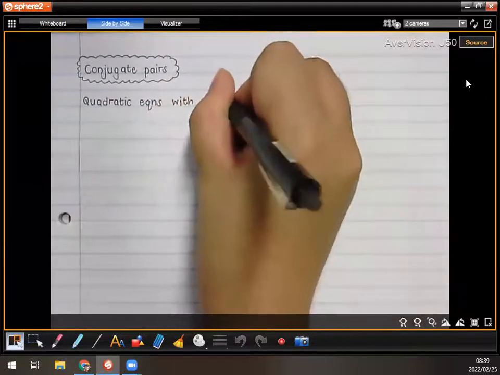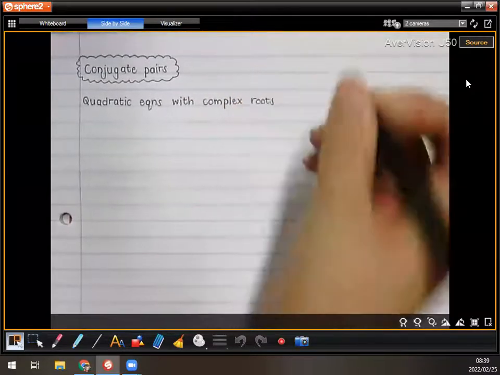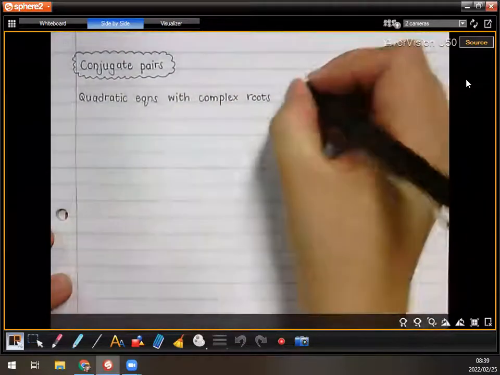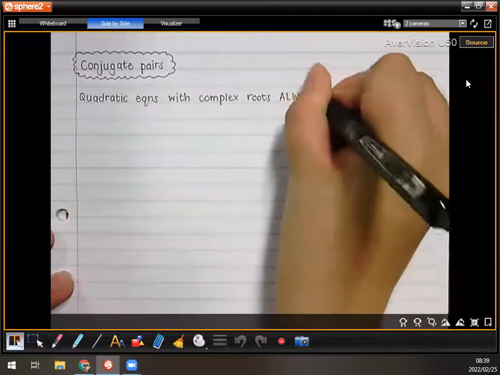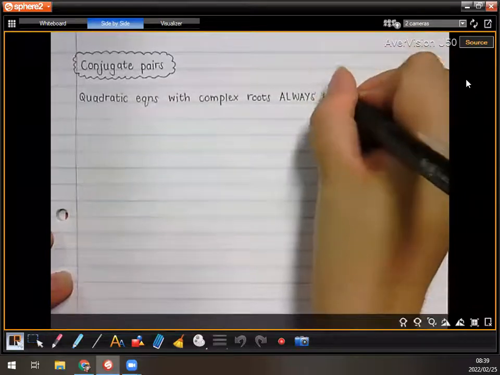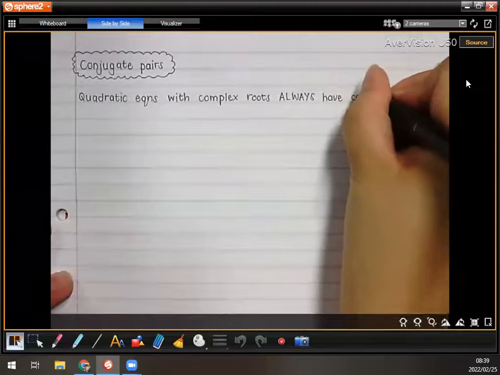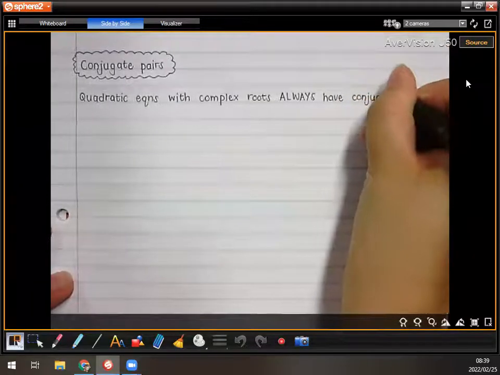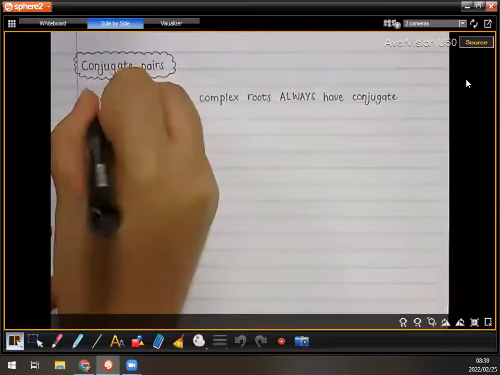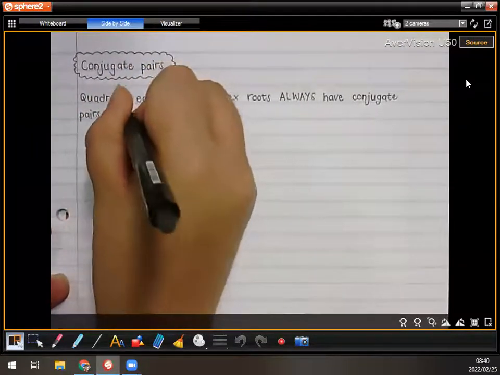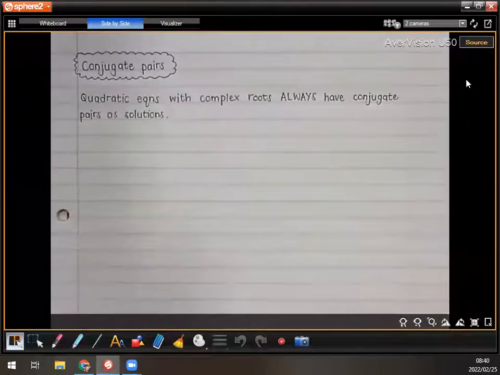Quadratic equations with complex roots always have conjugate pairs as solutions.